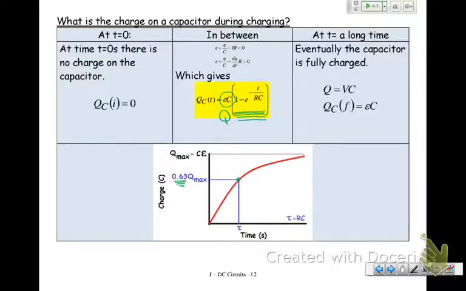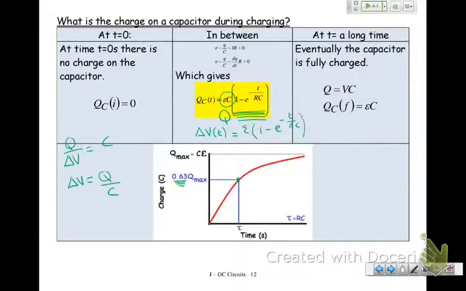And if you think about it, if Q over delta V equals C, then delta V equals Q over C. So you should be able to tell me what my delta V is in time. It's going to be E times 1 minus e to the minus t over RC.